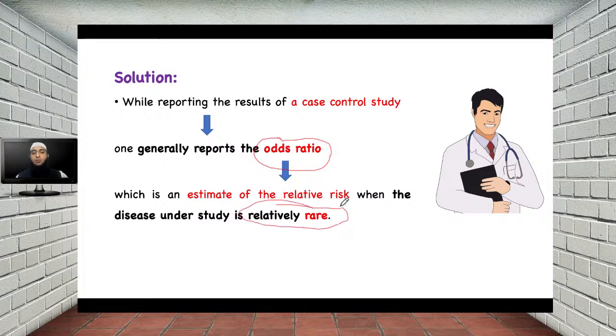Now, out of those who are suffering from the disease, how many of them were taking oral contraceptives, right? They suffer from a relatively rare disease, that is venous thromboembolism. So how many of them had taken oral contraceptives? We have seen a very good example. Out of the 50 women who suffered from venous thromboembolism, it was observed that 30 of them were taking oral contraceptives.